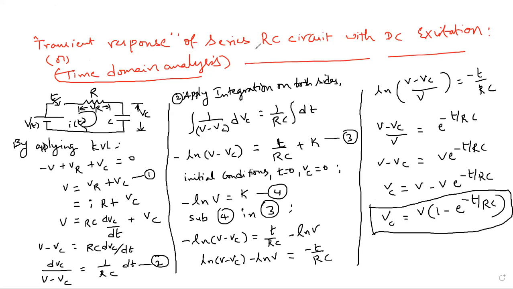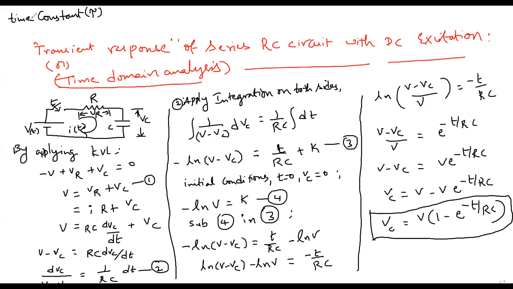After making the box of I of t formula, that is V by R into 1 minus e power minus R by L into t, you need to write one single statement by keeping the side heading as time constant. It is represented by capital tau for RL circuit.